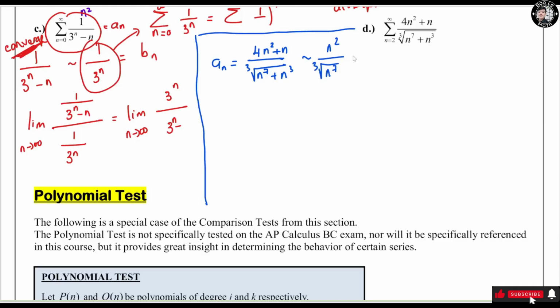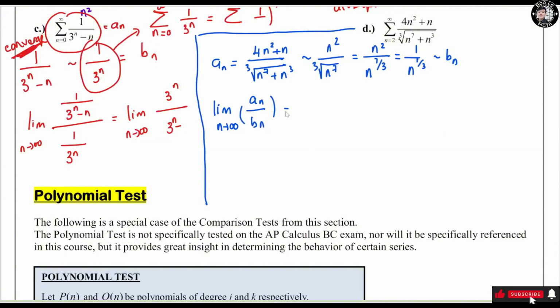So I'm going to rewrite this one as n squared over n to the 7 over 3. I'm going to simplify this one. It's going to be 1 over n to the 1 over 3. And I call this one b sub n. So I'm going to check the limit when n approaches infinity of a sub n over b sub n.